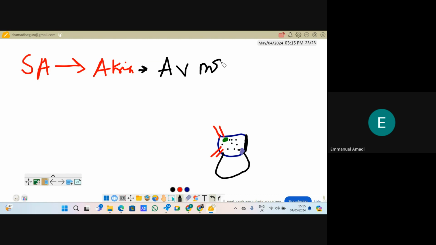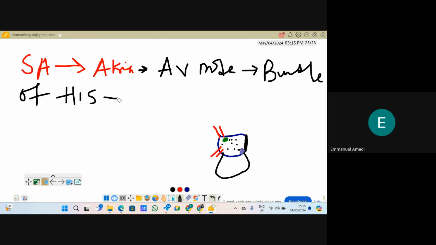Now, from the AV node, it can go to the bundle of His. So from the AV node, it will go to the His bundle. Now, from the bundle of His, it can go to your bundle branches. That is either the left or right bundle branch.